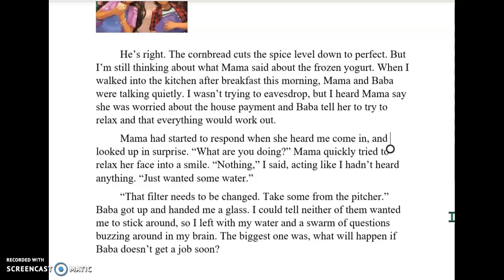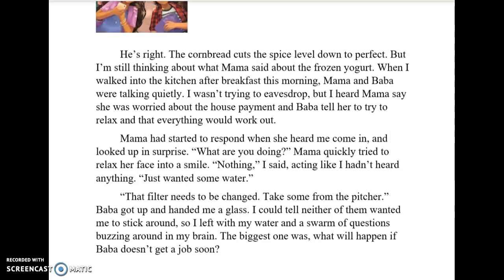Mama quickly tried to relax her face into a smile. "Nothing," I said, acting like I hadn't heard anything. "Just wanted some water. That filter needs to be changed." "Take some from the pitcher." Baba got up and handed me a glass. I could tell neither of them wanted me to stick around. So I left with my water and a swarm of questions buzzing around in my brain, the biggest one was, what will happen if Baba doesn't get a job soon?